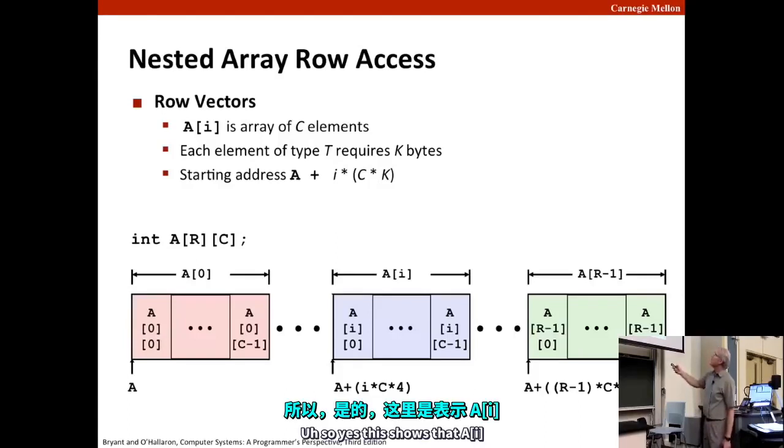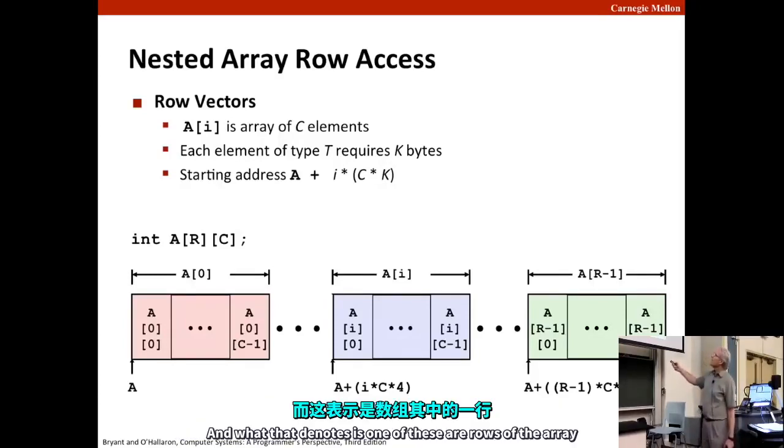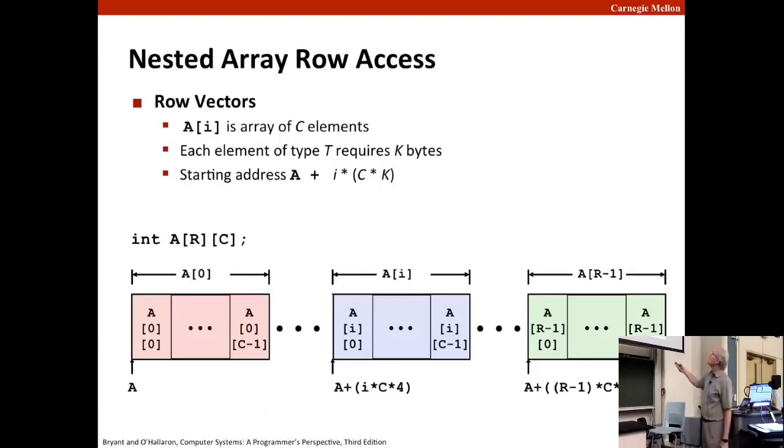So yes, this shows that I can actually just do the reference A[i]. I don't have to give A[i][j] in C. And what that denotes is one of these R rows of the array, each of which is an array of C elements of type int.